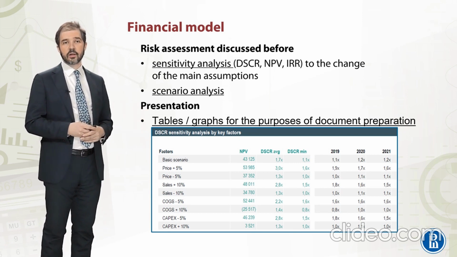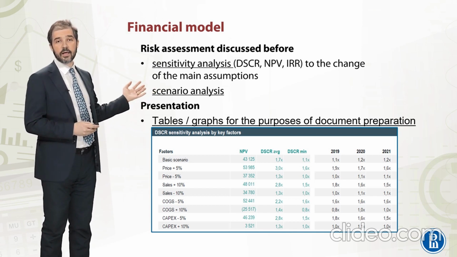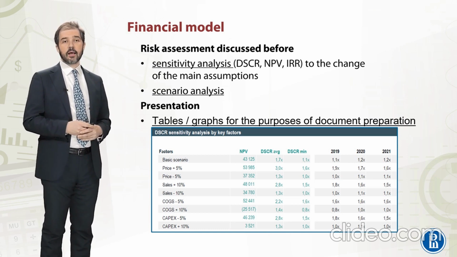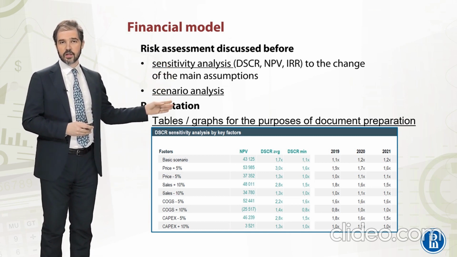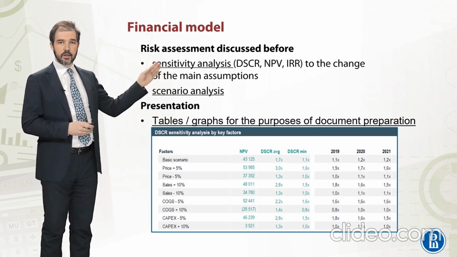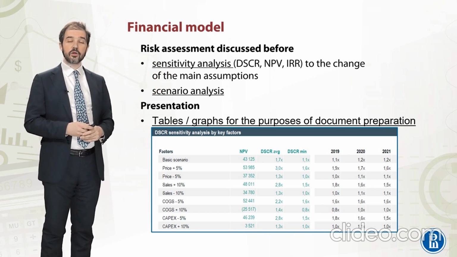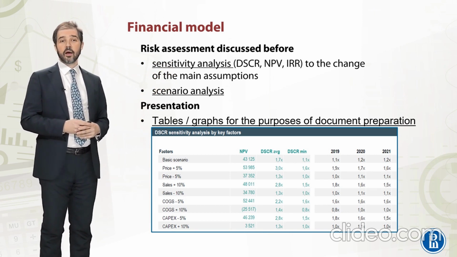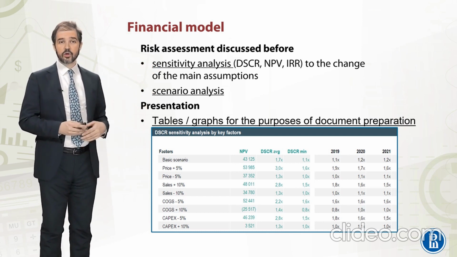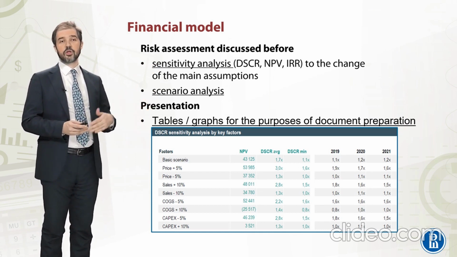Here we have presentation tables and graphs for the purpose of document preparation. Here we have a table for understanding the changes in major ratios, in NPV, debt service coverage ratio average, debt service coverage ratio minimum, and particularly by different years in your financial model. And we see changes in different assumptions. So what will be if we change price?